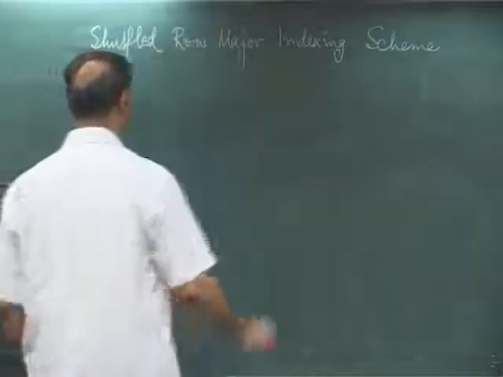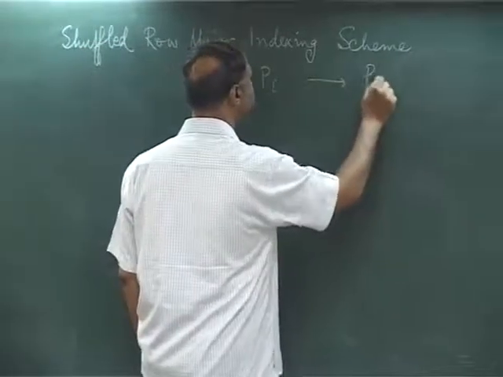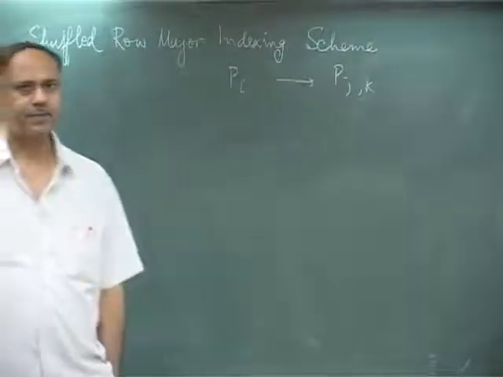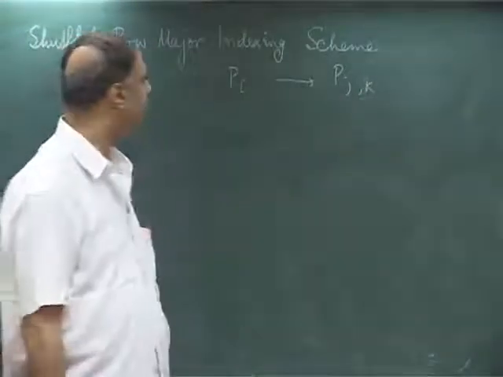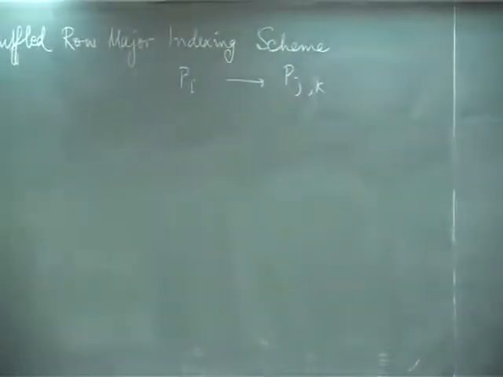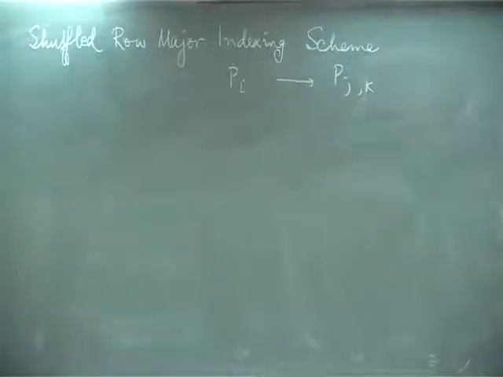Suppose the processor Pi occupies the Pjk position in the row major indexing scheme. Suppose processor Pi occupies the location Pjk, that means that is the jth row and the kth column of the row major indexing scheme.